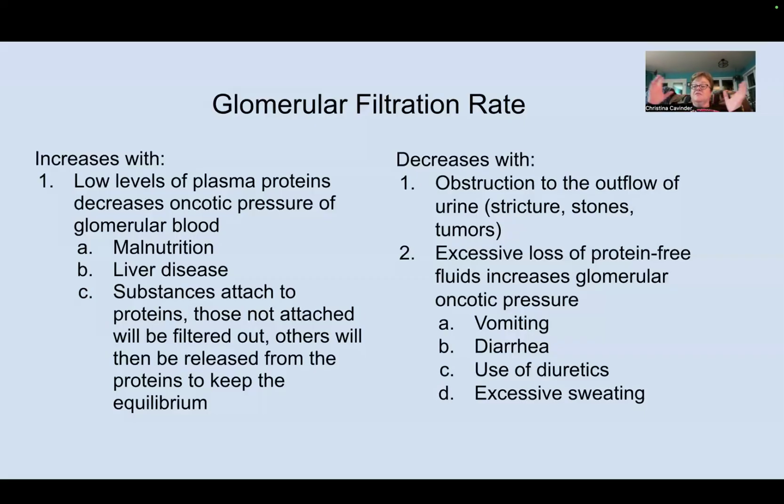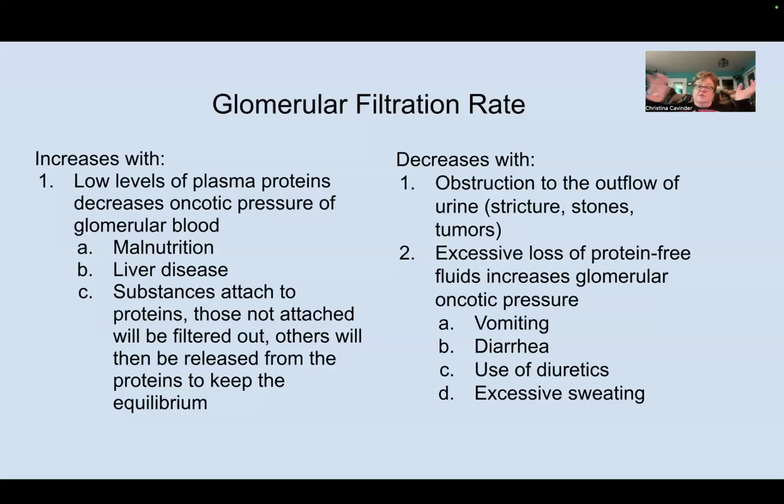So whatever's free or unconjugated or indirect is a substance that we don't want, and that will change your oncotic pressure. So as that substance is removed through the nephron because it's small versus a protein that cannot move through the nephron, that is excreted, well, then the protein's going to release it to keep an equilibrium in the blood, and that is going to also be removed out.